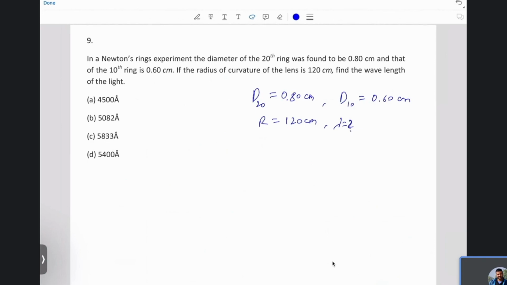So how do you solve this problem? You have the diameter of two different rings given, and the radius of curvature is given, and you are asked to find the wavelength of the light. So what do you do?